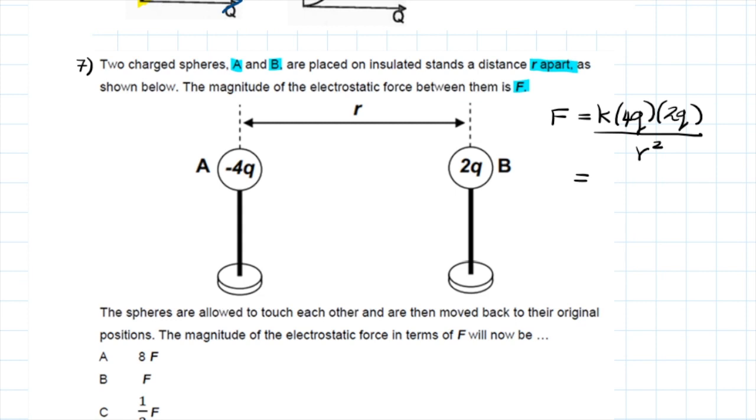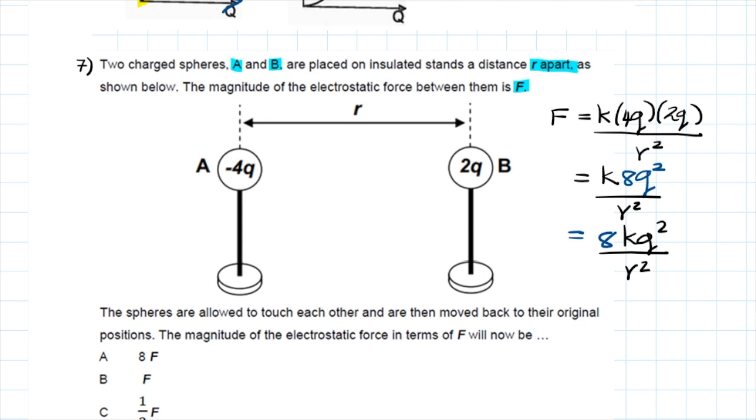If we simplify this, we end up with K, 4 times 2 is 8, Q times Q is Q squared, all of this divided by r squared. We therefore have 8KQ squared divided by r squared. Now let's read the rest of the problem.